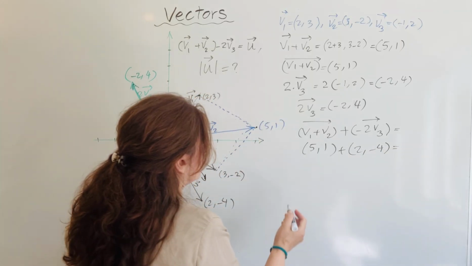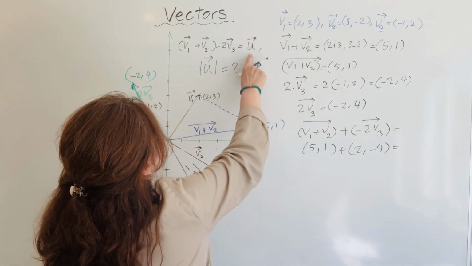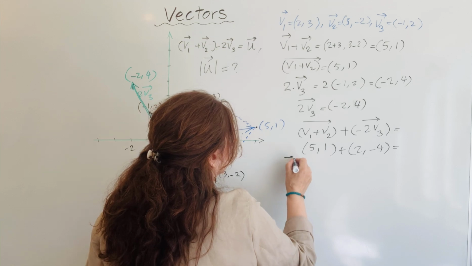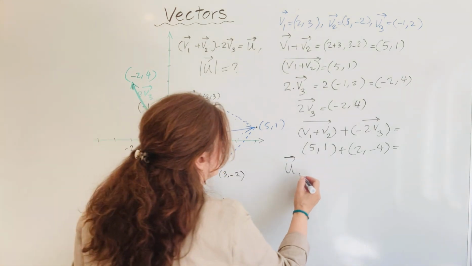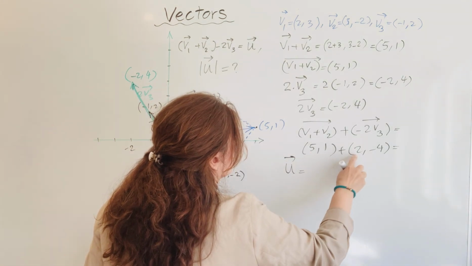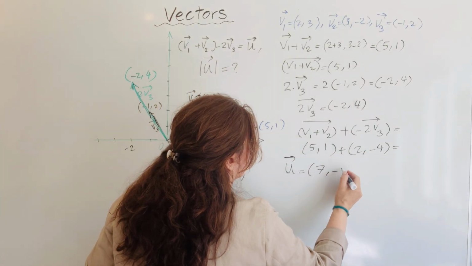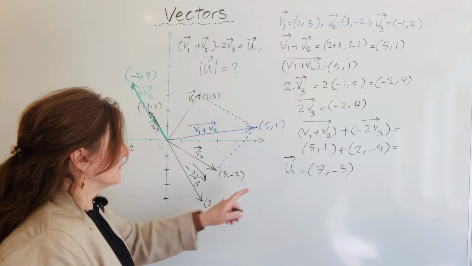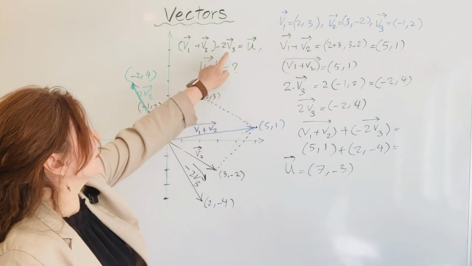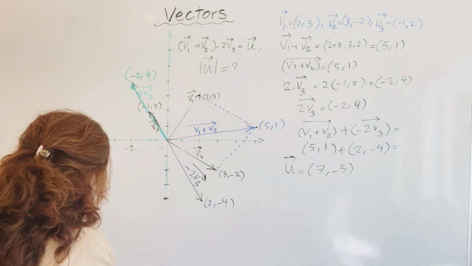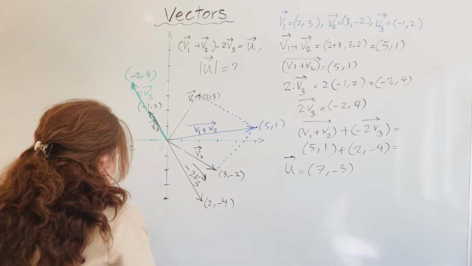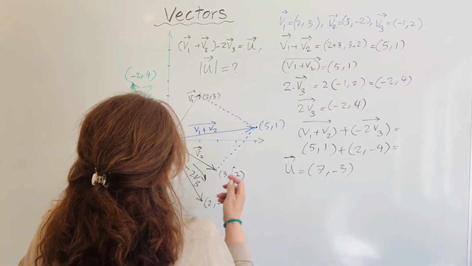What is the answer? The answer is U, right? We can call this vector U. Vector U is equal to 5 plus 2 gets 7, 1 plus negative 4, negative 3. This is the result. It should be 7, negative 3.